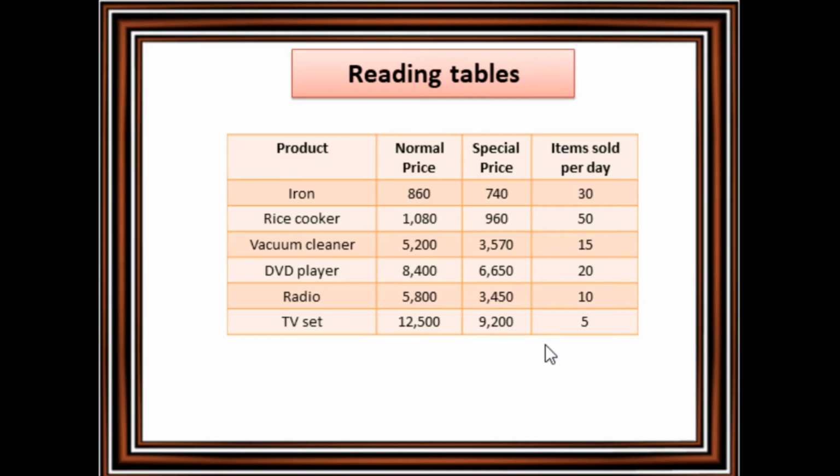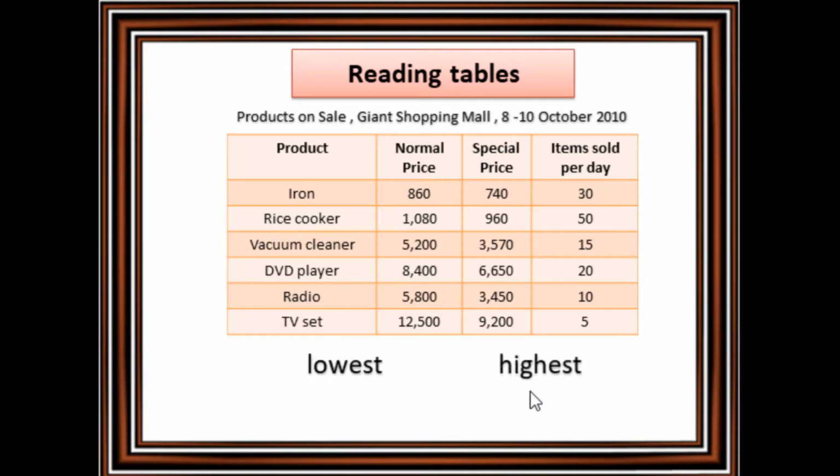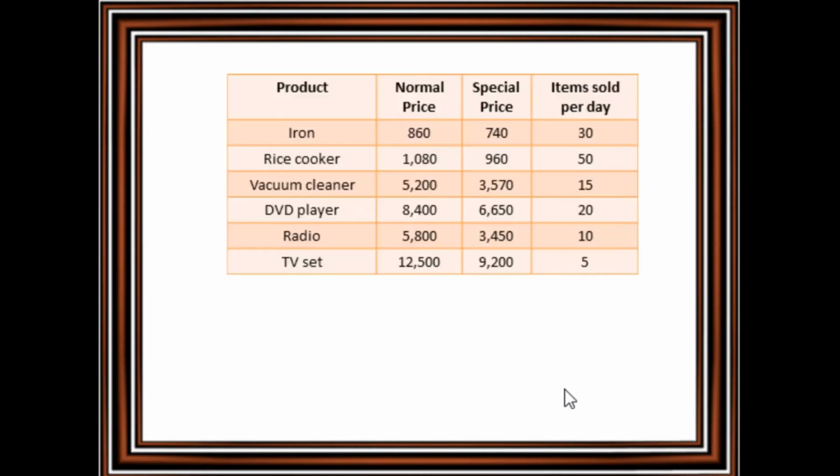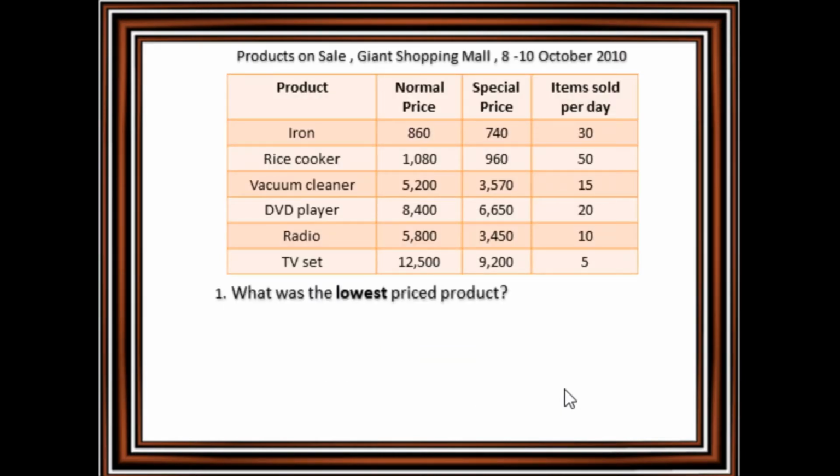You've also learned about reading tables. In every question, you have to know the terms like lowest, meaning the smallest, highest, the biggest, how many, or how much. Looking at the table, you can answer questions about it. For example, number 1, what was the lowest price product?